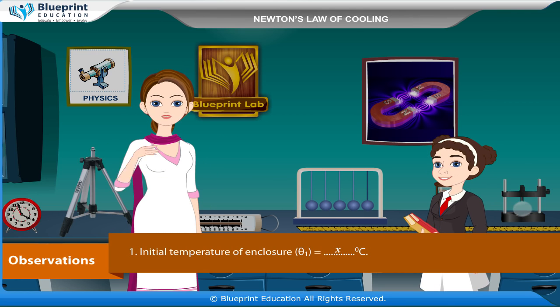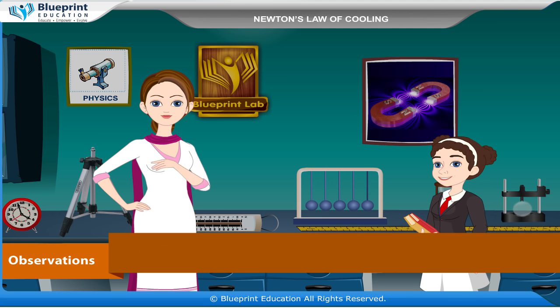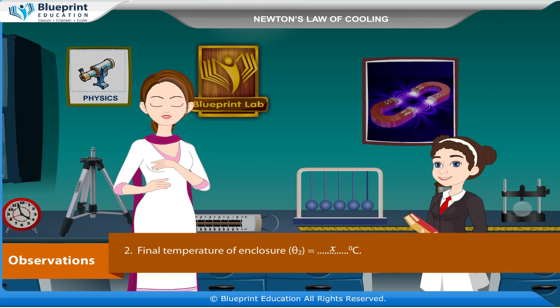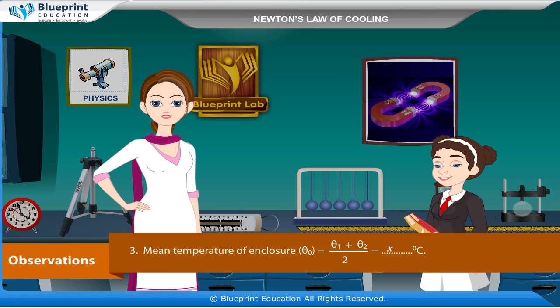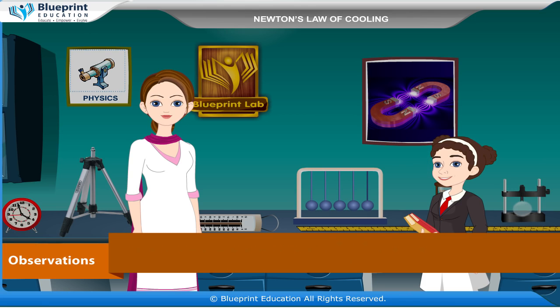Observations. Initial temperature of enclosure θ1 is equal to x degrees Celsius. Final temperature of enclosure θ2 is equal to x degrees Celsius. Mean temperature of enclosure θ0 is equal to (θ1 + θ2)/2, equal to x degrees Celsius.